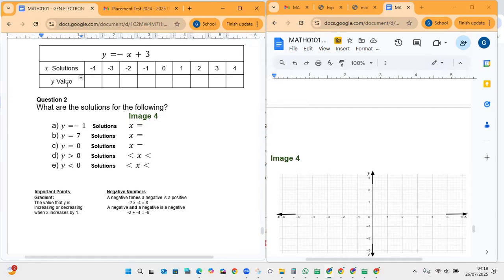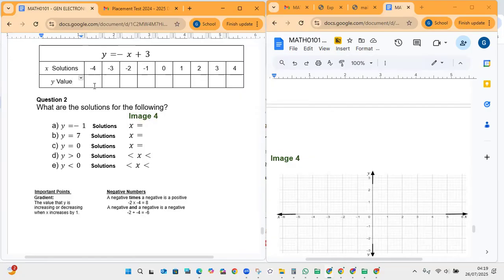So to find the value of y, you have to evaluate into this equation. You have to input the x solution into the equation where x is and evaluate, meaning to find the value of y. So y is the value and x is the solution. Always bear that in mind.